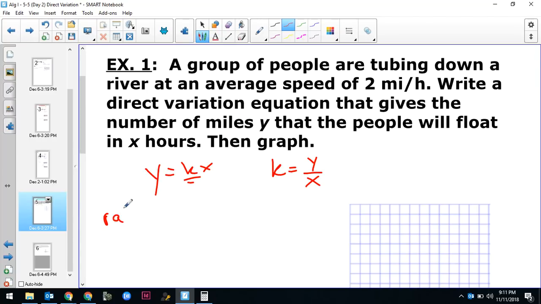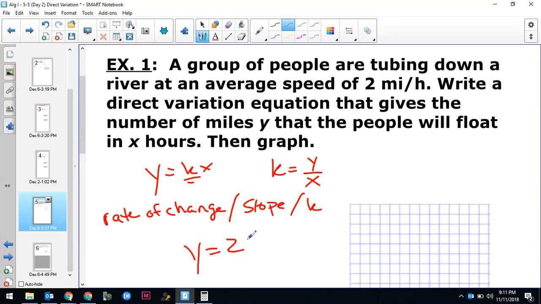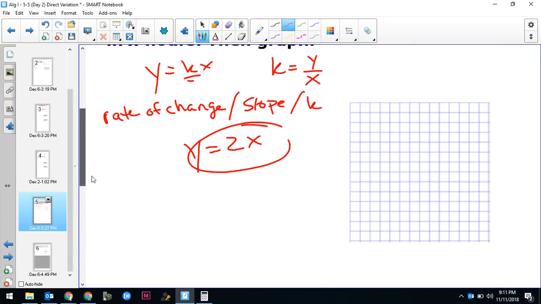So rate of change is the same thing as slope is the same thing as our k value for direct variations. So what I'm getting at here is if I've got this 2 miles per hour rate of change, I know that's actually just my k value. y is equal to 2x. There's my equation. Okay, so that's not too bad. Let's graph it now.